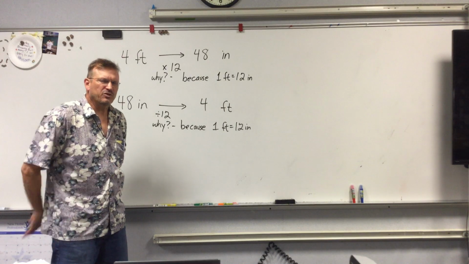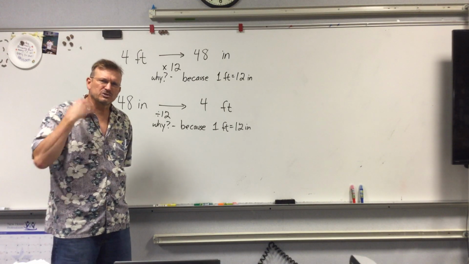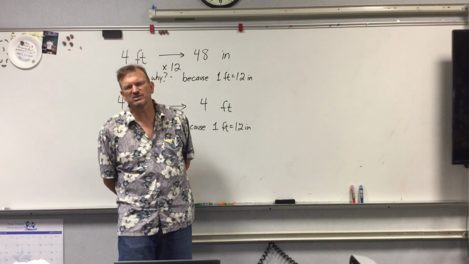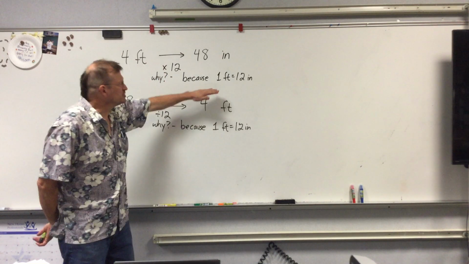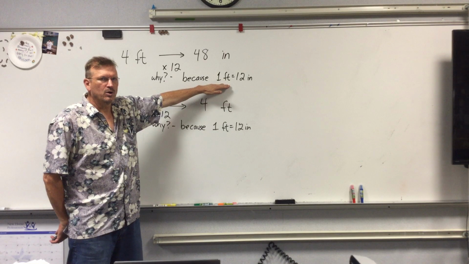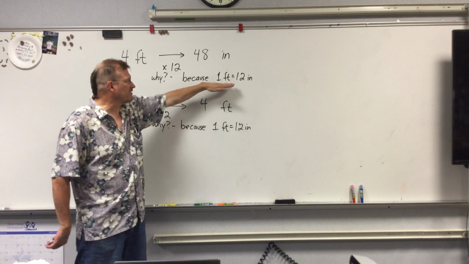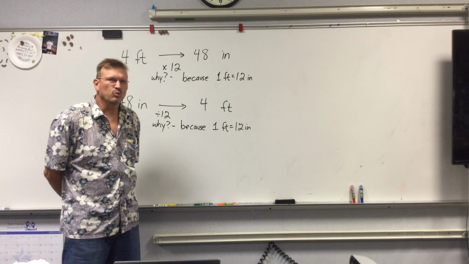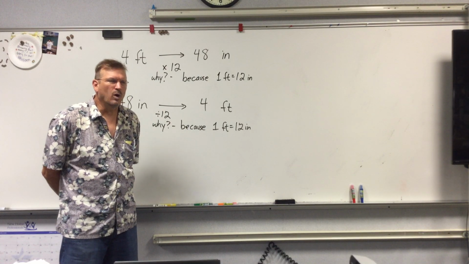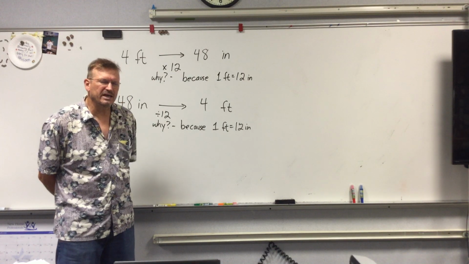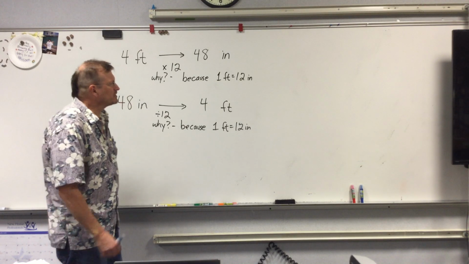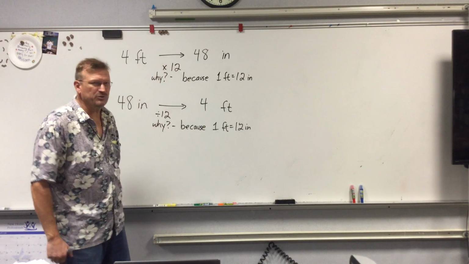So what I want you to think about here is when you do conversions in your head and you just say, hey, just multiply by this or just divide by this, the justification that you do one thing or the other because there's 12 inches in 1 foot really doesn't explain why it is you multiply in one case and divide in another. So I want to explore, why is it that you do this?